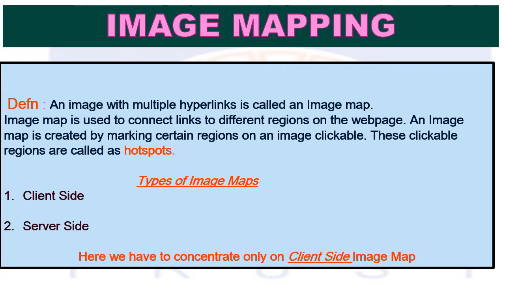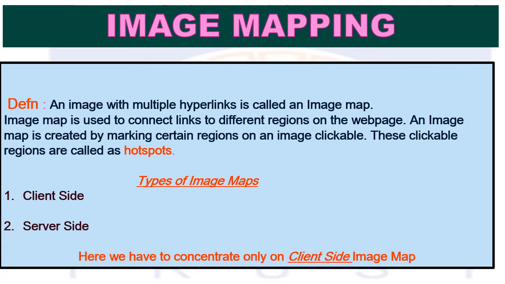First of all, students, what is the definition of image mapping? Image mapping means there will be an image on the web page, and in that you are giving different links, connecting the links to different regions on the web page. An image map is created by marking certain regions on an image, that is the clickable image.